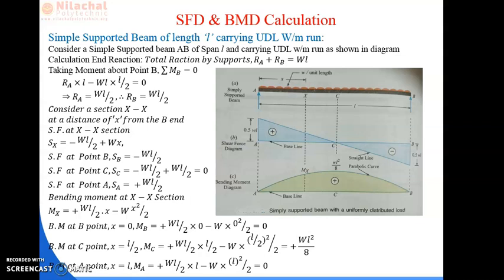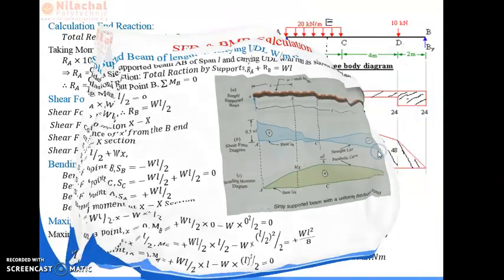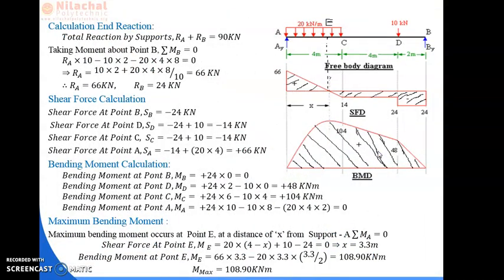Now we'll go for the next problem related to a simply supported beam. As shown in the figure, the beam is applied with a udl and also a point load. The simply supported beam has supports at A point and B point.